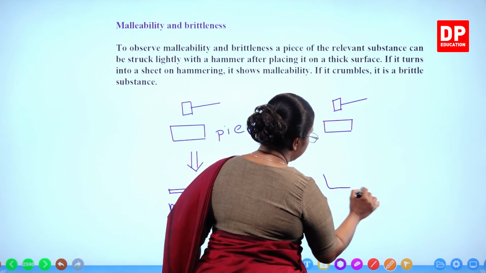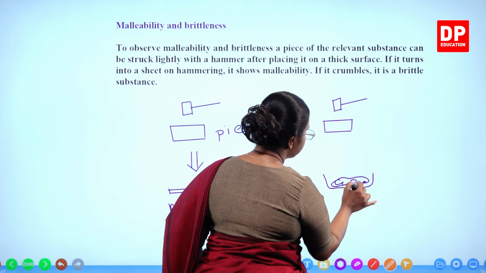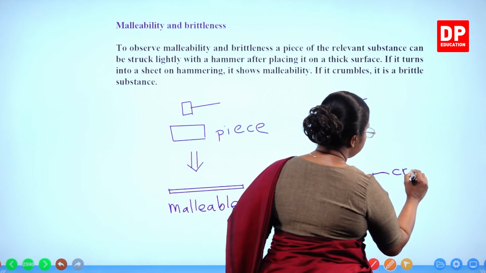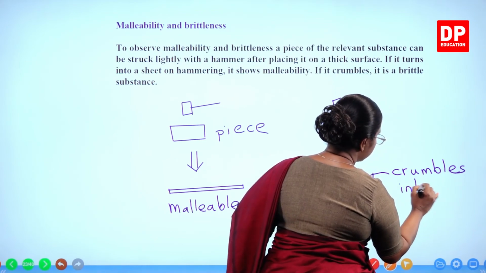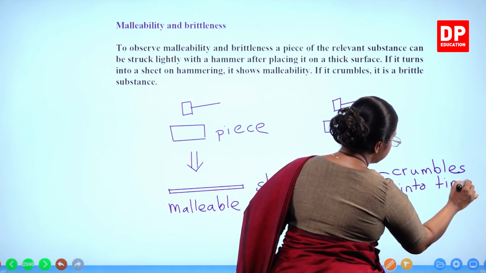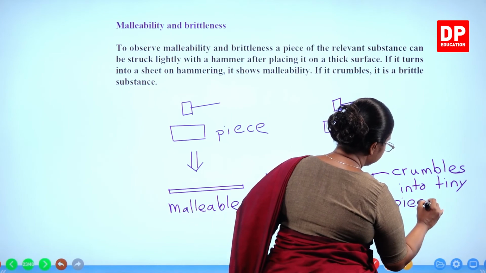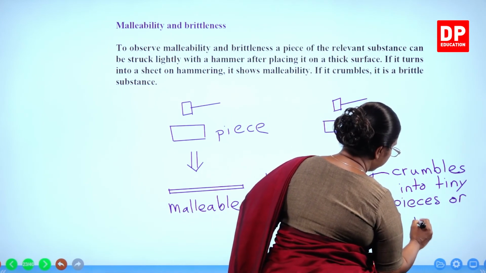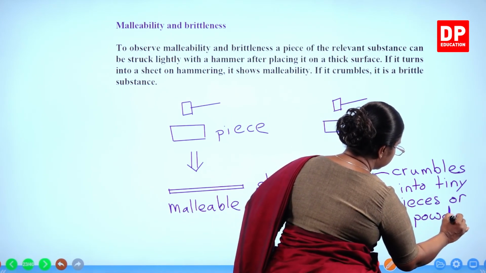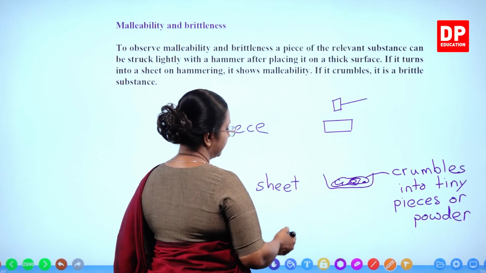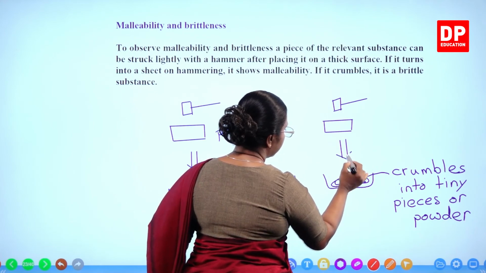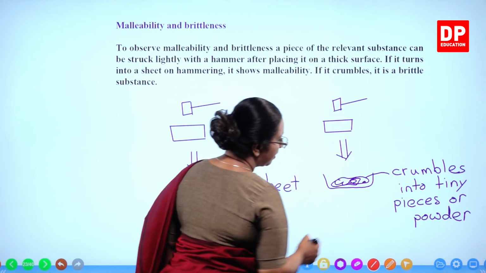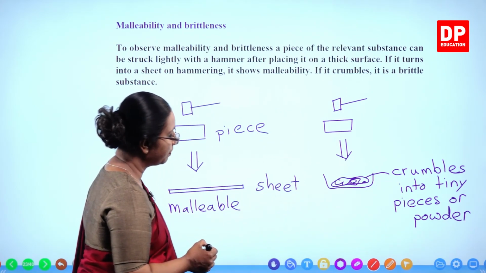Whereas if this crumbles into tiny pieces or powder, then what do we say? When you apply a force, it crumbles into tiny pieces or powder.